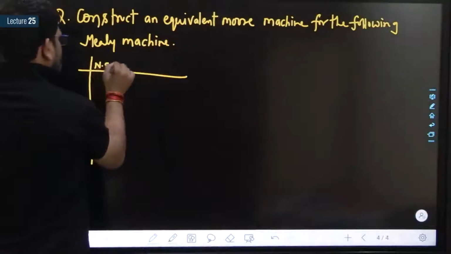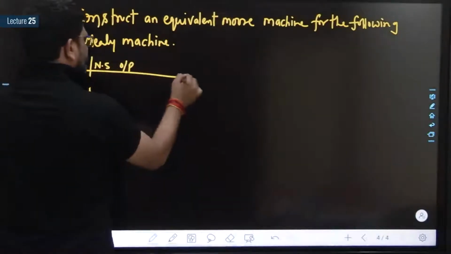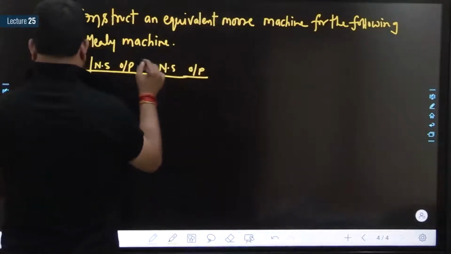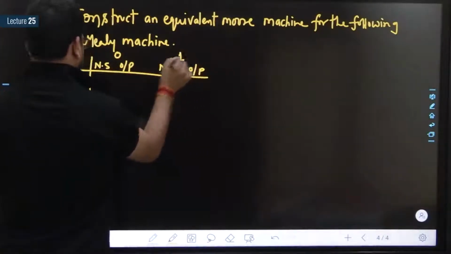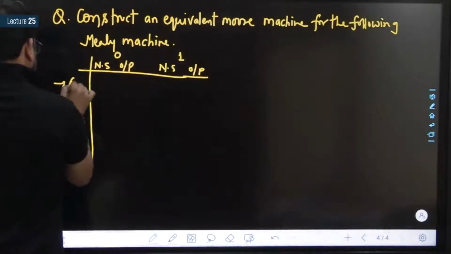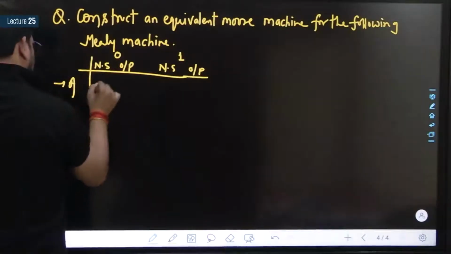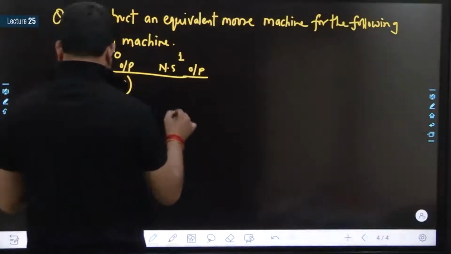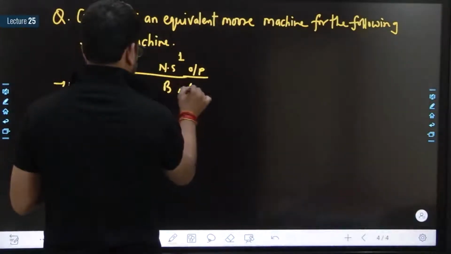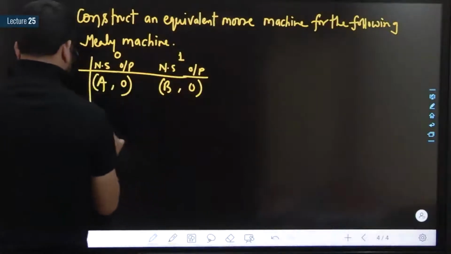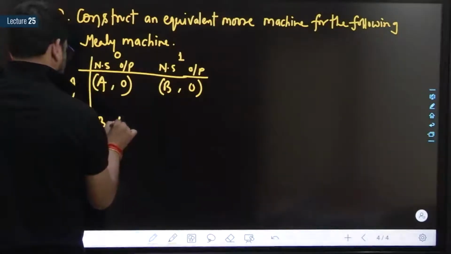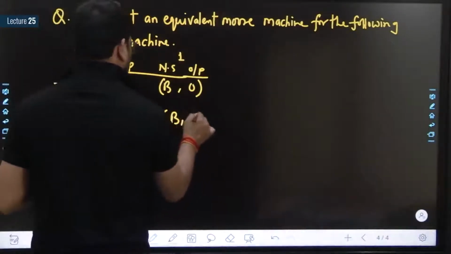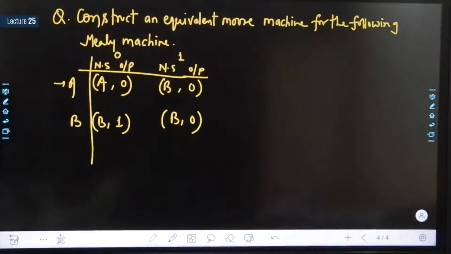Next state, output. Next state, output. Input is 0 and 1. A, B. Please try to do this question.